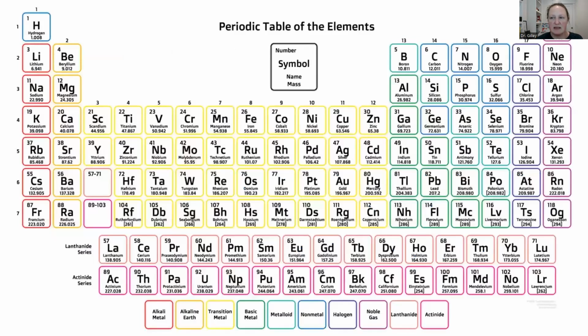Okay, so I included this just to show you that, of course, you guys are just starting out in chemistry, so you don't know all of the element names and symbols. So it's useful to have a periodic table like this around where you can look up an element name or symbol to go between them.